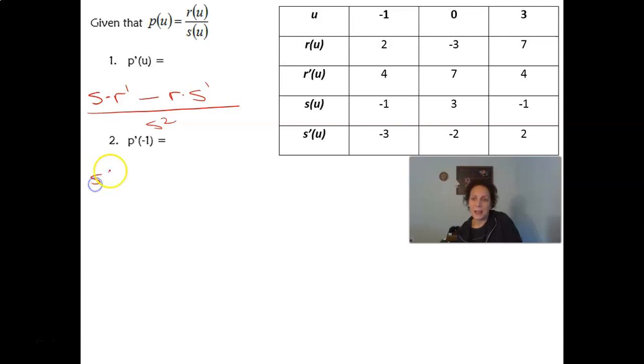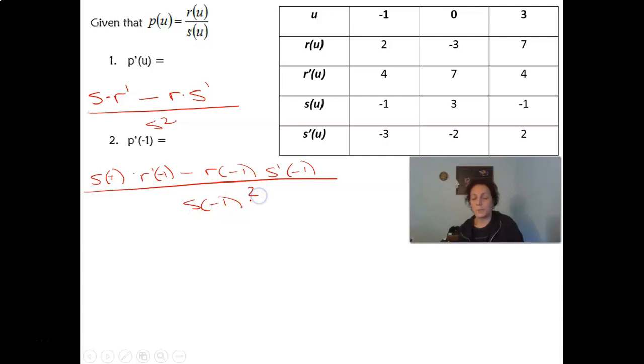So I need S of -1, I need R prime of -1, sorry. I need R of -1, I need S prime of -1, and then I'm going to have S of -1 squared. Right? So at that point, it's just a matter of going and getting the values out of the table. So S of -1 is -1.